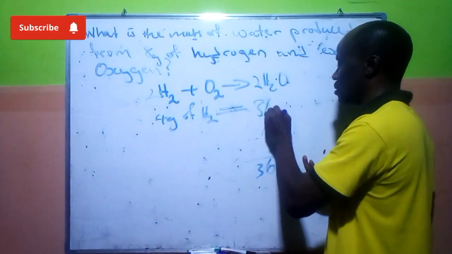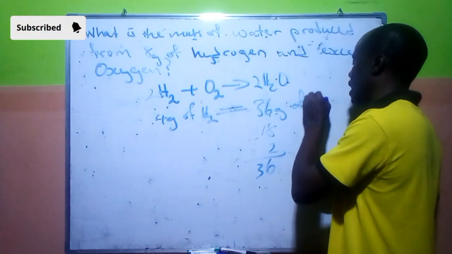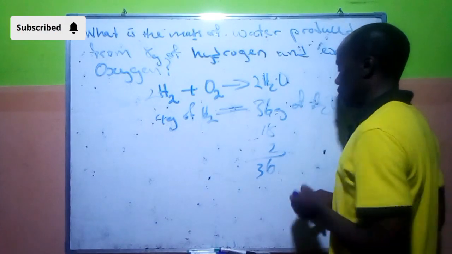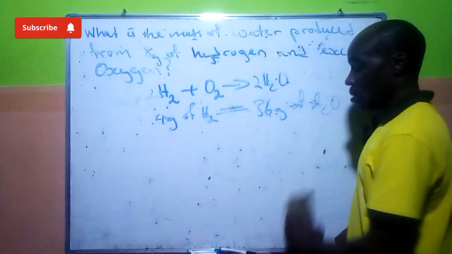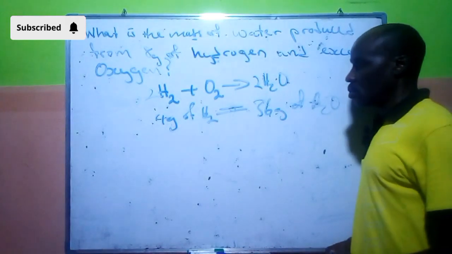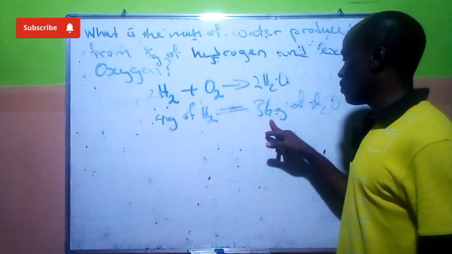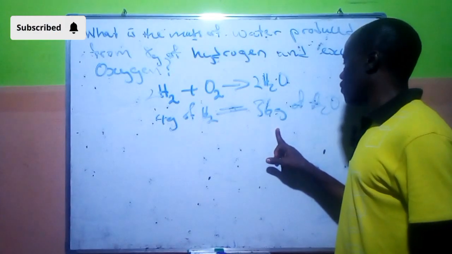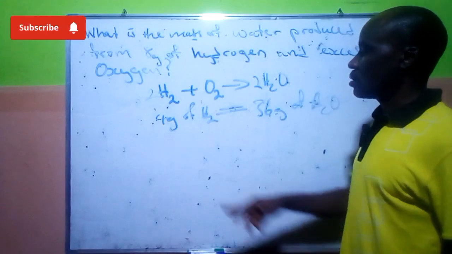That's 36 grams of water. So that is what we have. We notice that 4 grams of hydrogen will give us 36 grams of water from this equation.